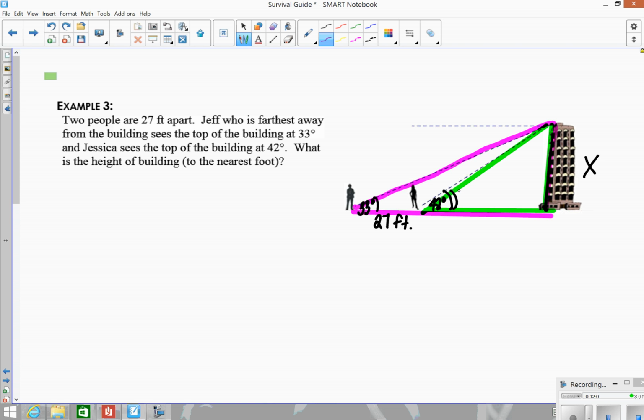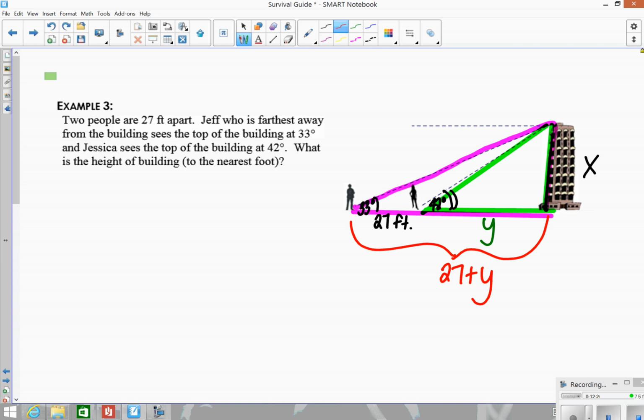And if you look at the green triangle, all I know about the green triangle is the angle. So really, this side here in the green triangle, I'm going to have to call y because I don't know it. And that means when I'm looking at the pink triangle here, the entire base of it is going to be 27 plus y, because I don't know this piece and I know that this section is 27.